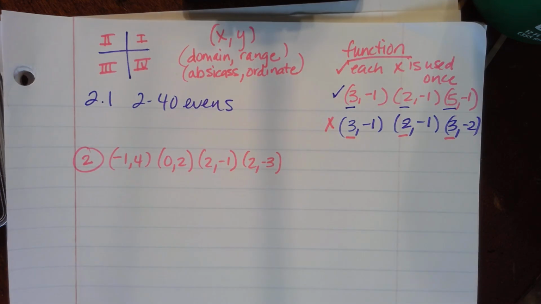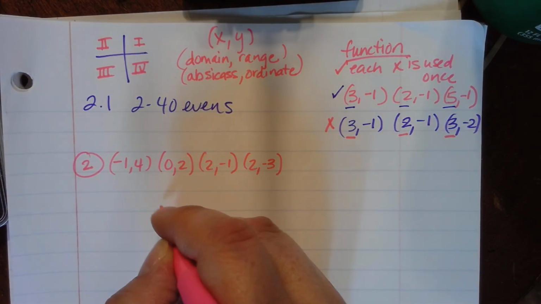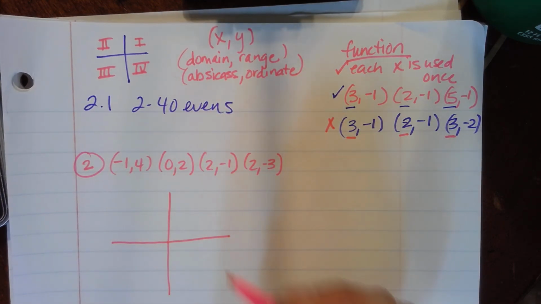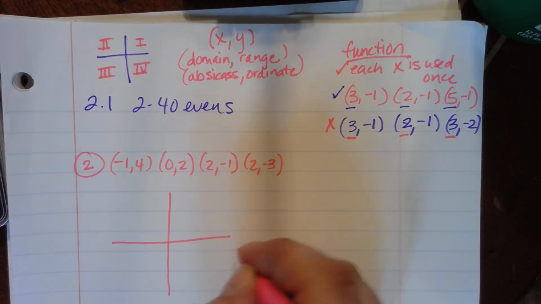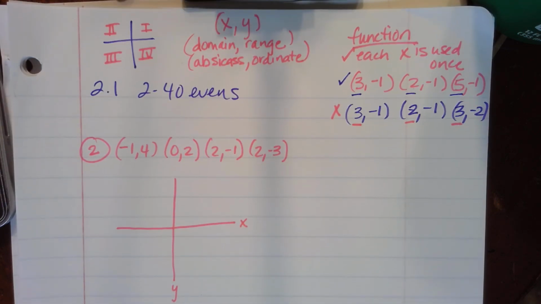All right, so first they want you to graph these. Now, unfortunately, I do not have any graph paper here at home, but hopefully you do. All right, so let's go ahead and start with the graphing. So if I'm looking, here's my x-axis and my y-axis here. All right, so my x's go from -1 to +2.